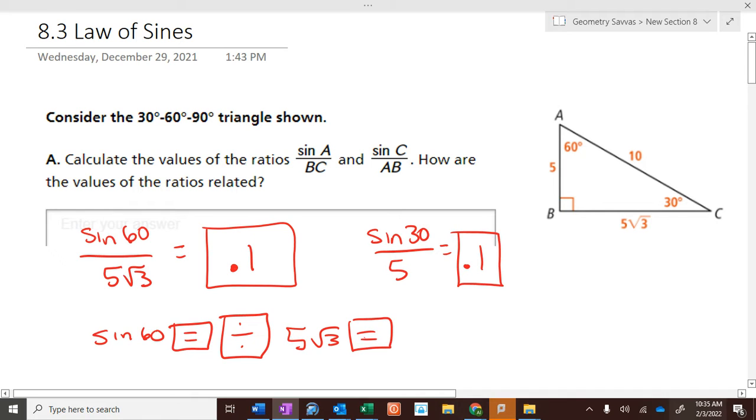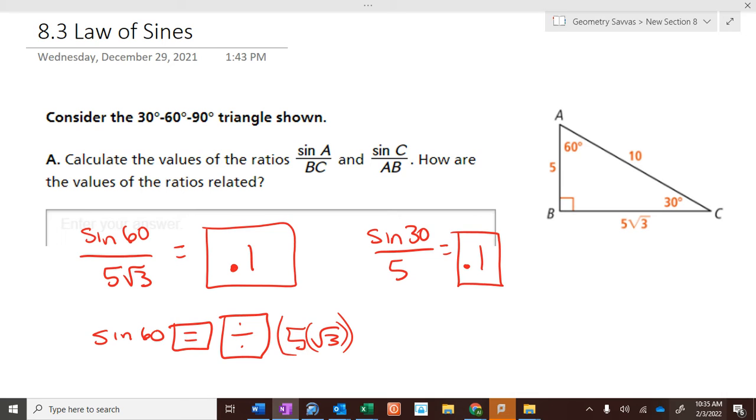Did everybody now get 0.1? No. Okay? Now, the 5 square root of 3, you might have to put in parentheses because it automatically makes a parenthesis here, but try two sets of parentheses here. Now try it. Sine of 60 equals, and then divided by 5 square root of 3 equals.